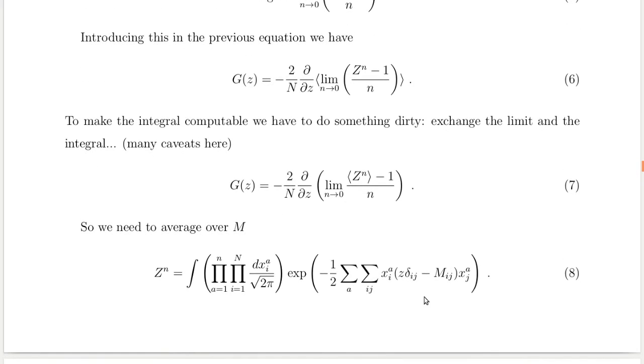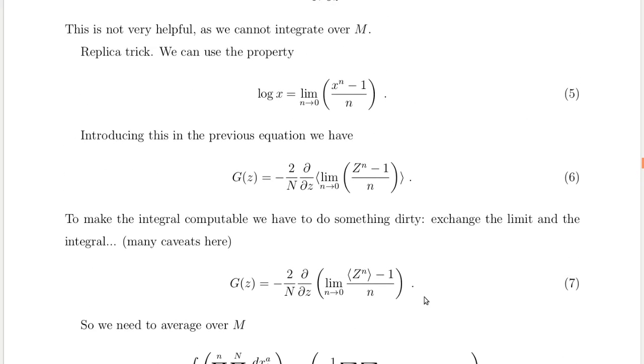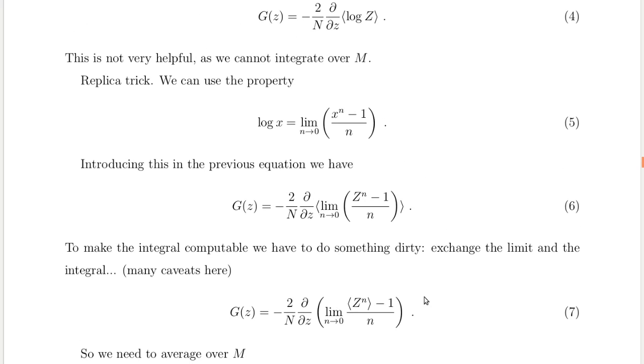Now, if n is a real number, this doesn't simplify things strongly, because it's not easy to average Z to a real number. What we're going to do instead is to assume that n is a natural number, so 1, 2, 3, 4, 5, an arbitrary natural number.